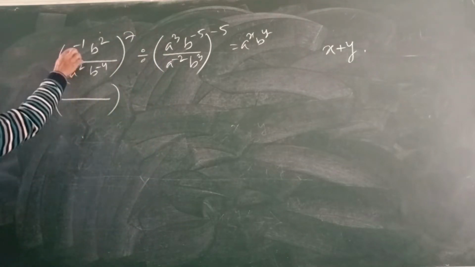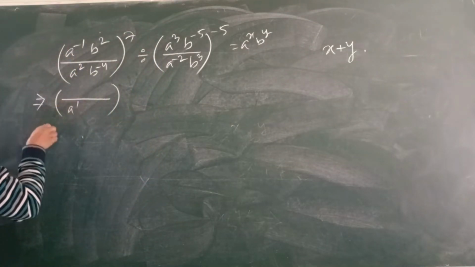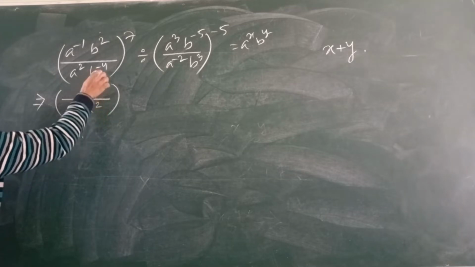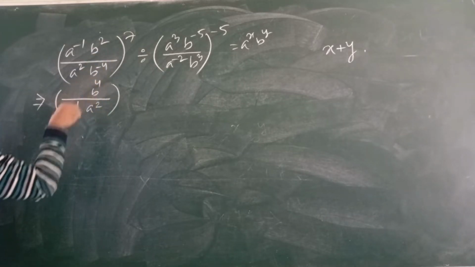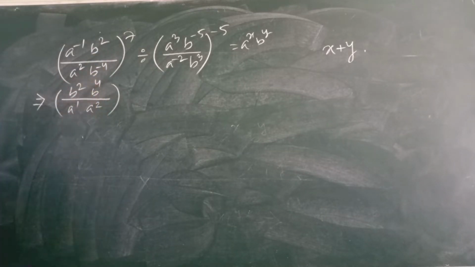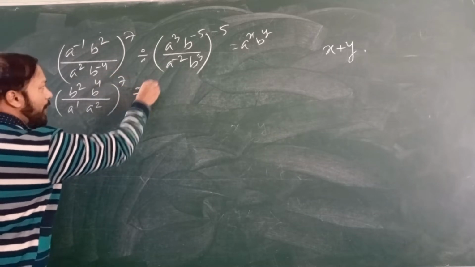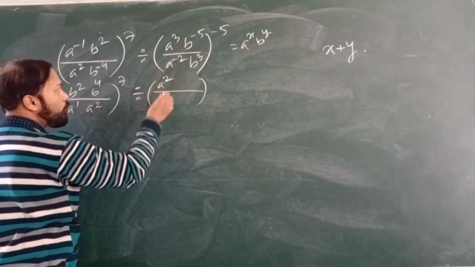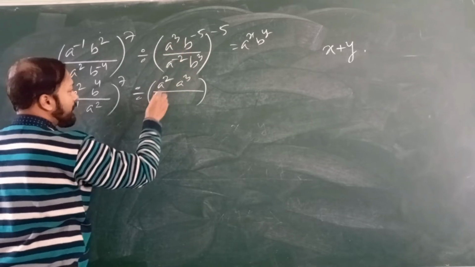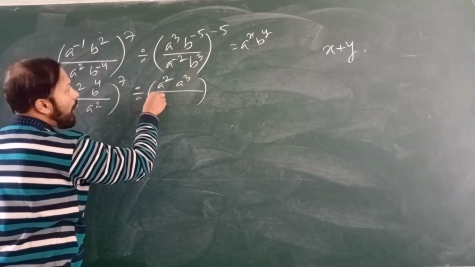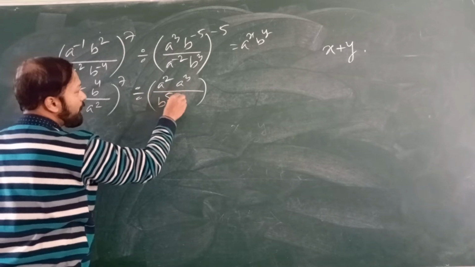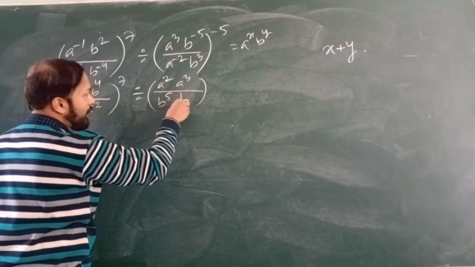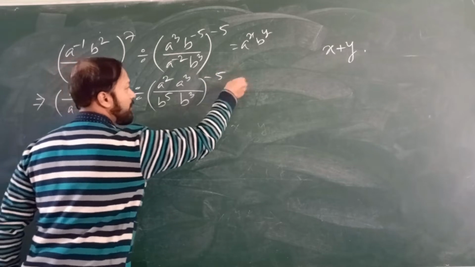See, a to the power minus 1 will be a to the power plus 1, a to the power 2. This one will go up, b to the power 4, then b to the power 2. Divided by this one, a to the power minus 2 will go up, a to the power 2, a to the power 3, then b to the power 5, b to the power 3 minus 5.